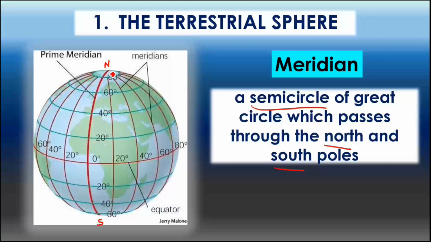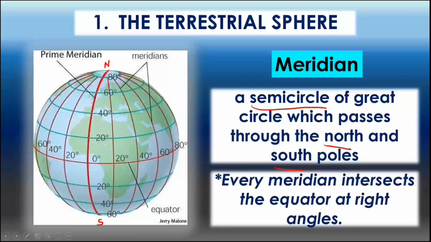As you can see, this red semicircle is actually a meridian, as well as all the vertical semicircles that you can see, which are called meridians. And then every meridian intersects the equator.